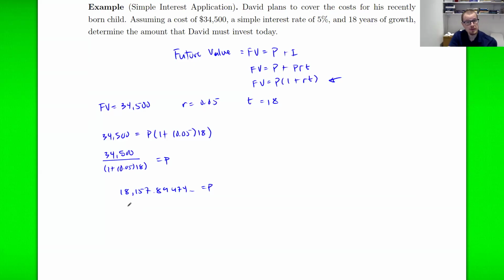For this problem, I'm simply going to round to the nearest, and we'll call that sufficient. So we'll say that David needs to invest $18,157.89. And that looks good. Excellent work, David.